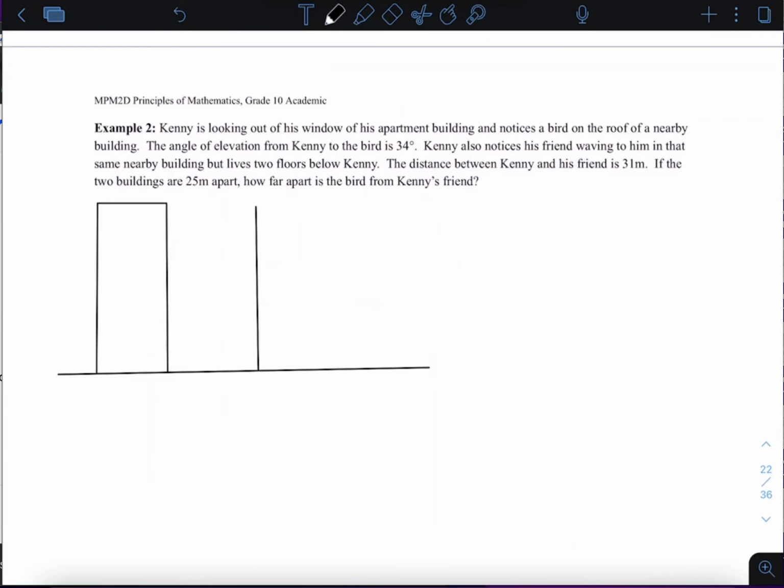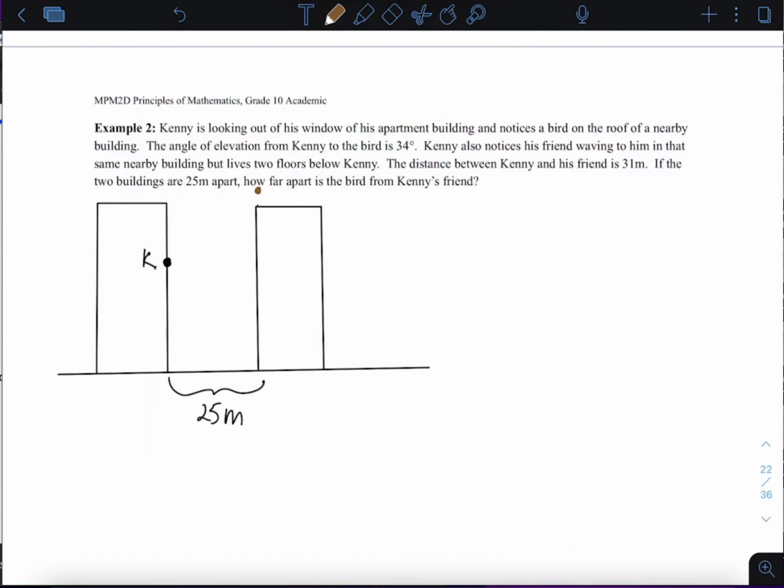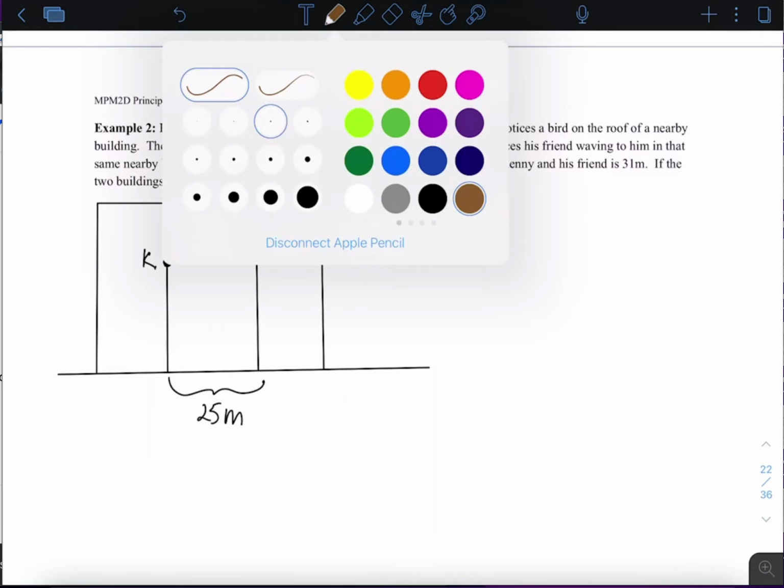Okay, I'm going to draw 2 buildings. And I'm going to know that they are 25 meters apart. I'm going to put Kenny right here. And it says that Kenny is looking out of his apartment building and he notices a bird. Okay, this is my version of a bird.